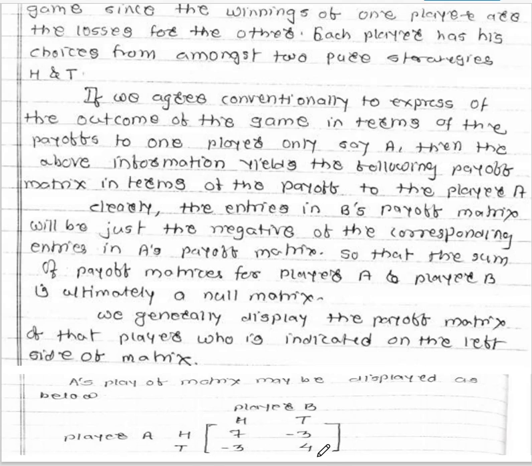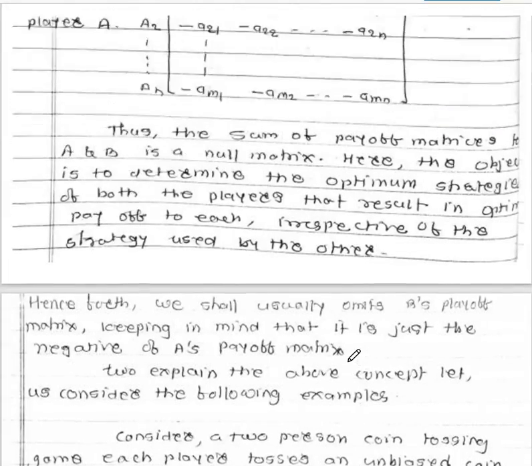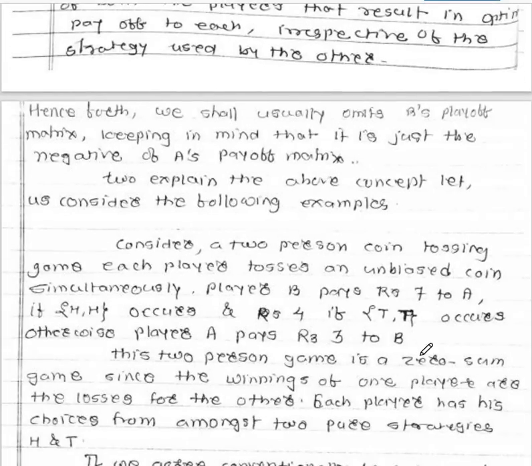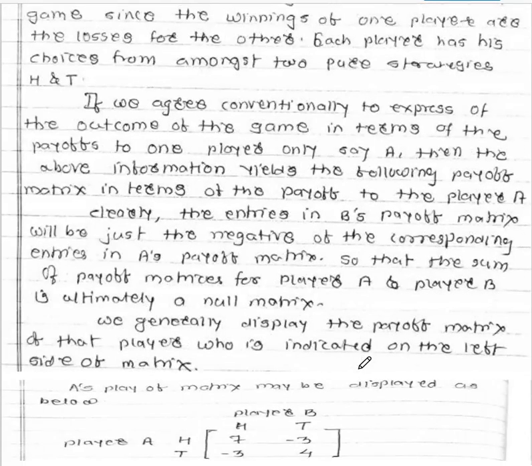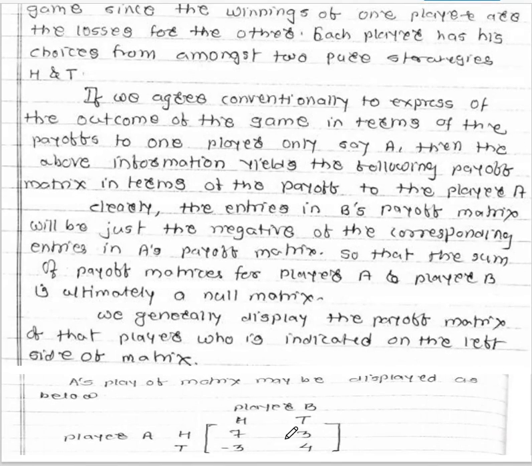Suppose there is a head and tail, then player A loses the rupees 3. That means player A will give the 3 rupees to player B. Suppose there is a tail and head, then player A will give the 3 rupees to player B. And suppose there is a tail, then player B gives the 4 rupees to player A. This is the gain of player A, and this is the loss of player A.